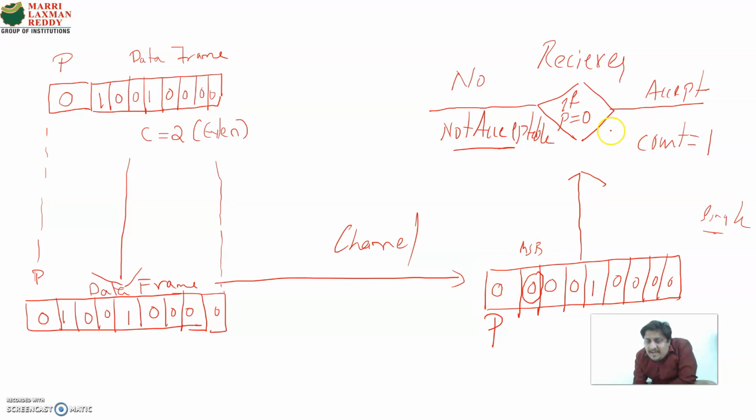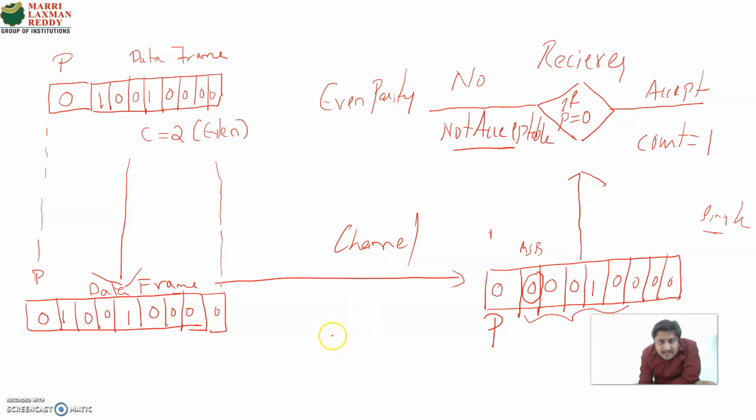So the receiver will easily know that though the count of 1s is coming odd, the parity bit is 0, supposed to be 1. So the receiver will clearly know that some error has occurred in the data frame. This is how the concept of single parity bit works when we consider it as even parity.